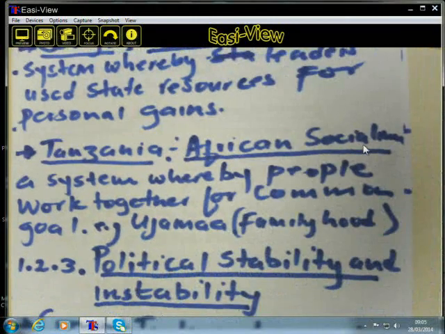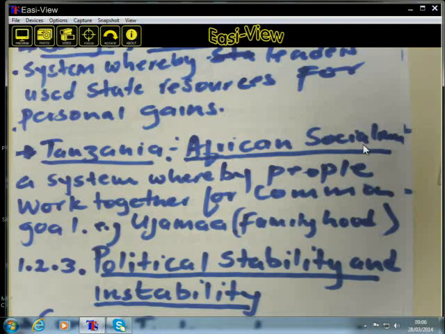In Tanzania, it was African socialism, more or less communism in Africa. But this type of communism was done in an African way. Hence we talk of African socialism, a system whereby people work together for a common goal.